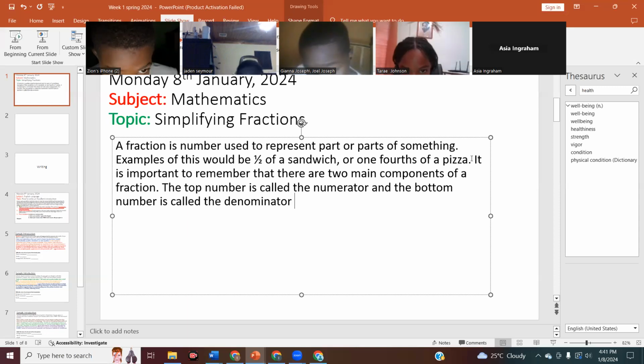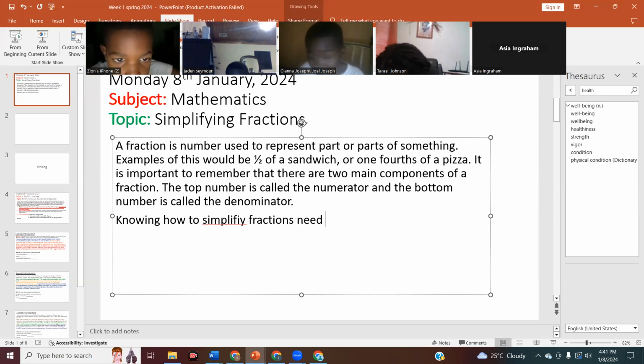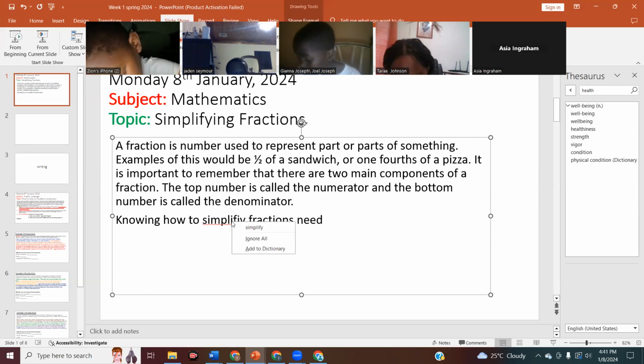So the top number is called the numerator, the bottom number is called the denominator. Now, knowing how to simplify fractions need not be a challenge.